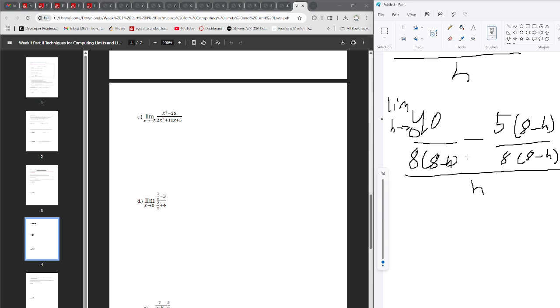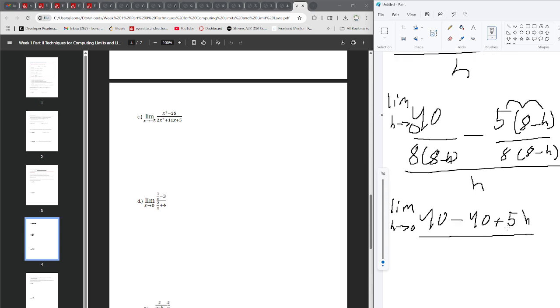So these have the same denominator now. We can combine these, and honestly, I'm just gonna distribute this now. We have 40 minus 40, well, actually it's plus because this is a negative, plus 5h over 8 times 8 minus h, with the limit notation.